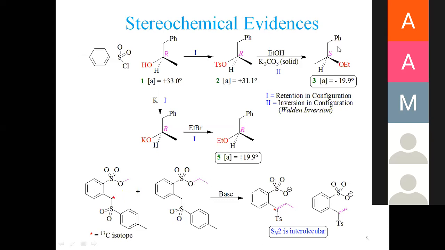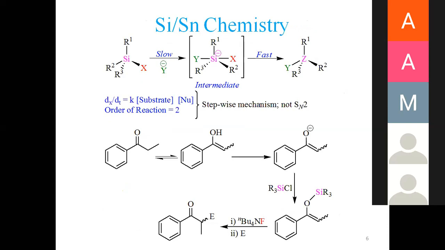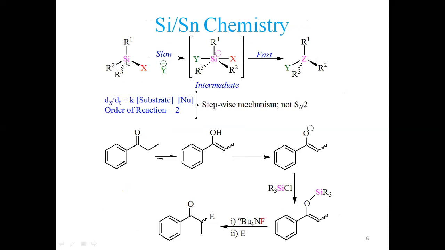So this is what you have already come across about the SN2 mechanism. And this is the same chemistry that I presented in the previous slide. If we have a silicon at this position, it is going to react with a nucleophile first. Leaving group and nucleophile are both present, forming a pentavalent species.